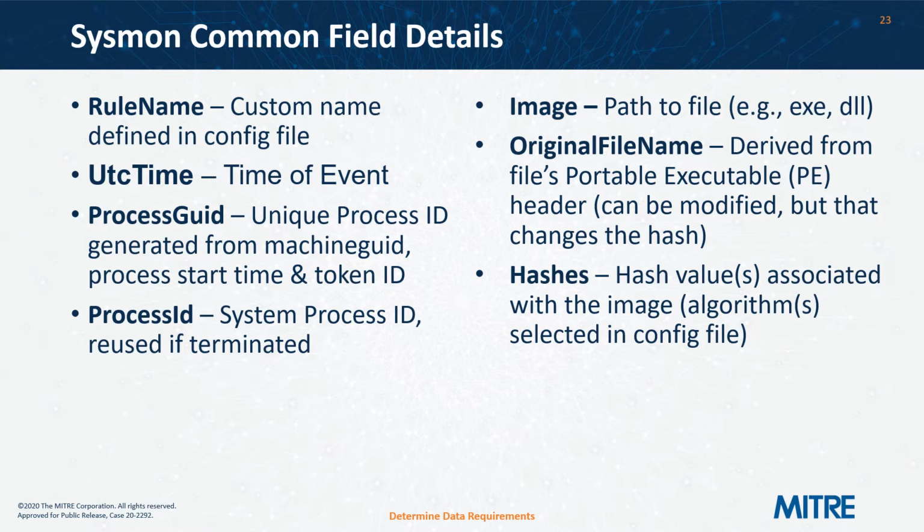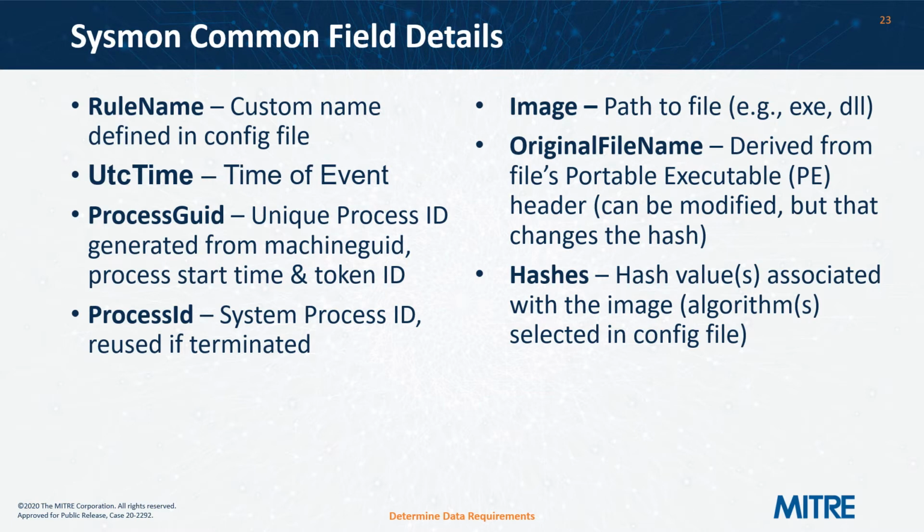The rule name field is defined in the config file and can be used to label the event to provide some context about why the configuration was set for this event to fire. One example use for this field would be to include the attack technique or techniques that drove the inclusion of this event in the data collection strategy.